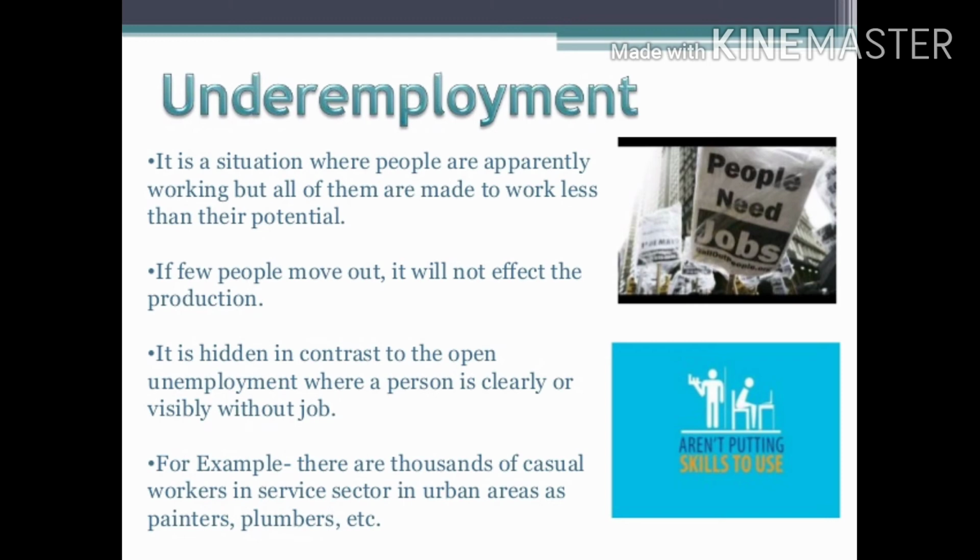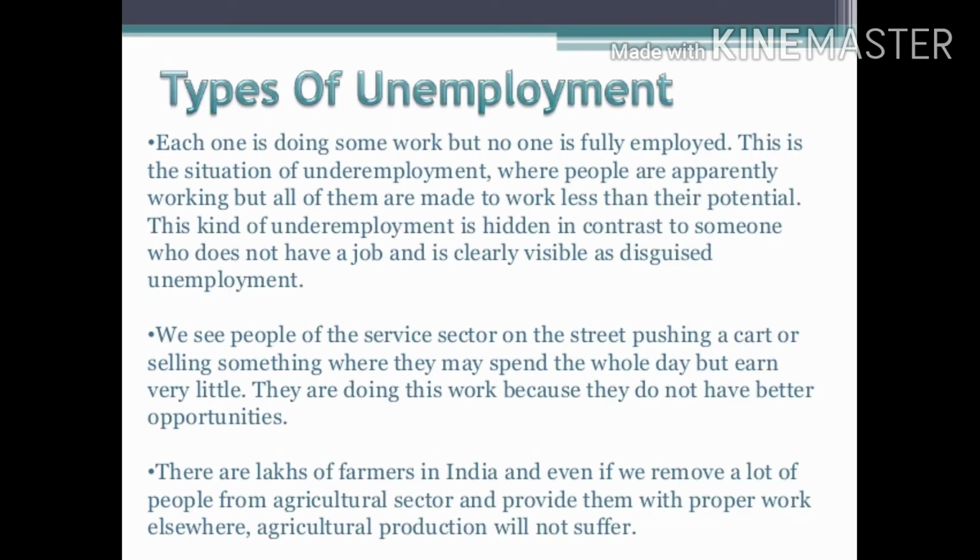Then unemployment. Unemployment means not being able to get a job for 8 hours in a day and 273 days in a year, according to the World Bank. So in this type of unemployment, each one is doing some work but no one is fully employed, and this is the situation of underemployment, where the people are apparently working but all of them are made to work less than their potential.